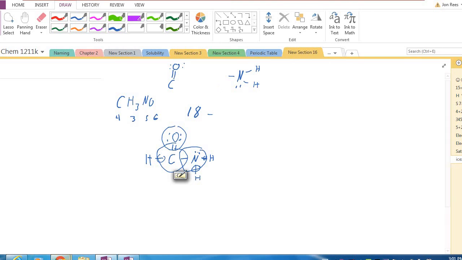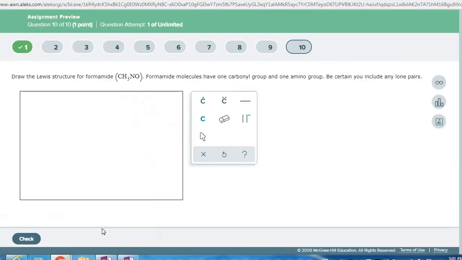And so let's go back and draw this here in Alex, which you guys should already know how to do, but we'll do it anyway, just to get that Alex green that we love so much. And so there's our nitrogen right here. Let's put that lone pair on that nitrogen, and let's put our hydrogens on now. I have a double bond there.